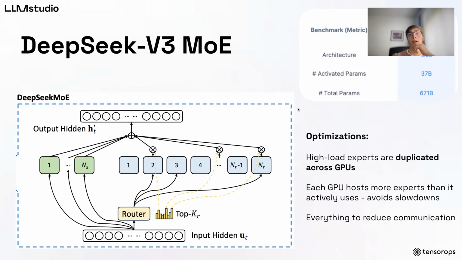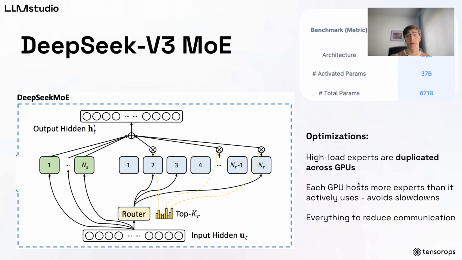Optimizations that they do. They try to dynamically detect high-load experts, meaning experts that are used more than others, because the router may be always sending things to them, maybe because the inputs are always of that theme. For example, let's imagine there are always math problems, so it's always sending to the same ones. So the GPUs try to make more replicas of those experts so that they are more easily accessible. No one has to wait for anything.